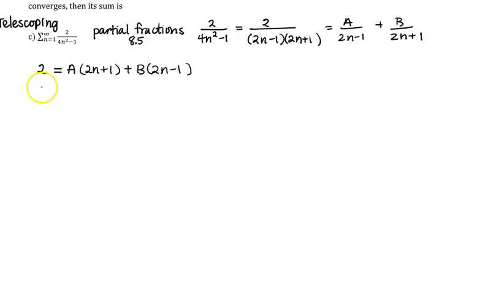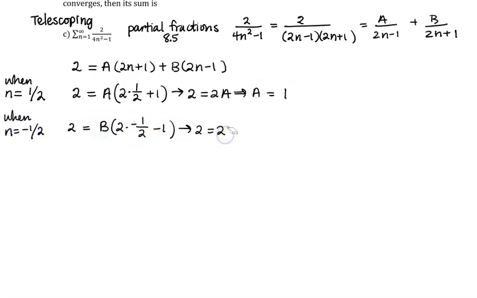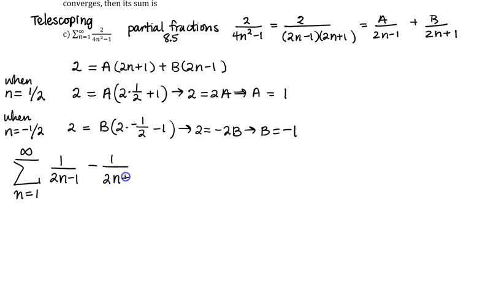Clear out my denominators. And I conclude that a is equal to positive 1 and b is equal to negative 1. So now I can rewrite the series as 1 over 2n minus 1 minus 1 over 2n plus 1.